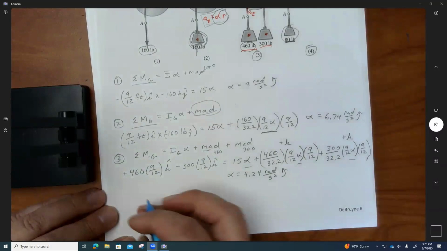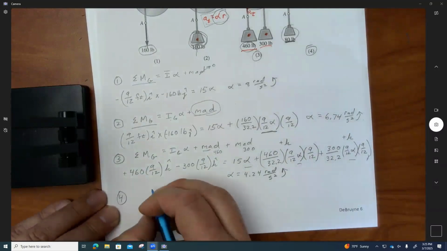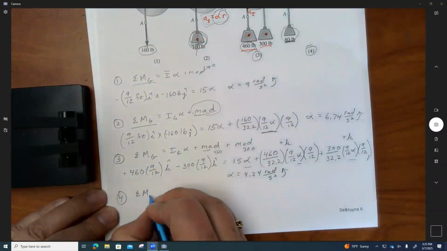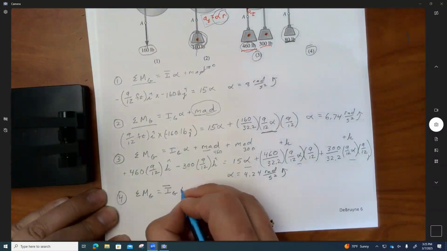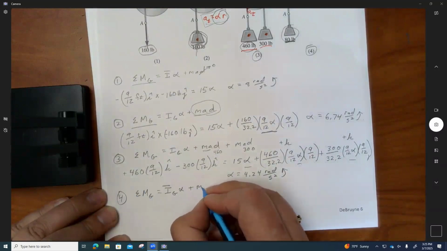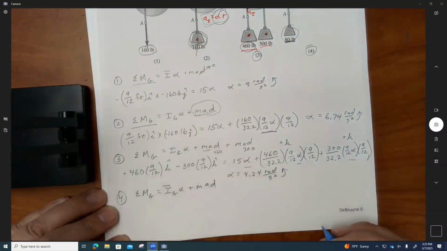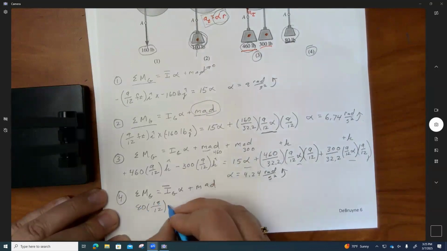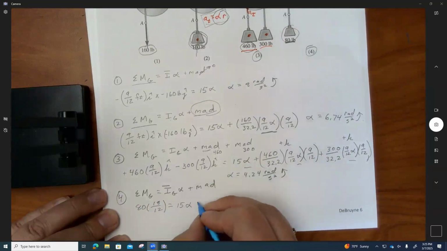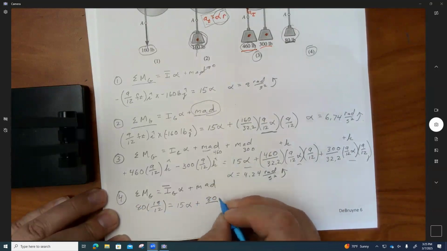So we're just looking at comparing these alphas. Summing moments at G is equal to I bar G alpha plus M A T. So we're going to have our 80 times 18 divided by 12 for the radius, 15 alpha plus the weight again, 80 divided by 32.2.